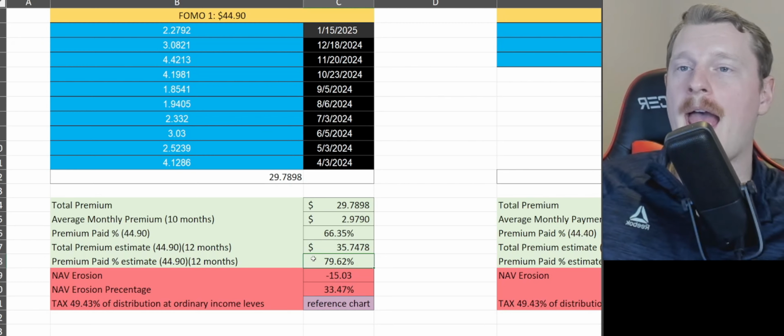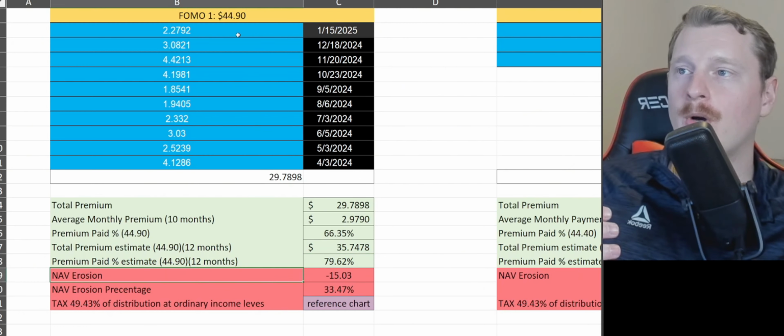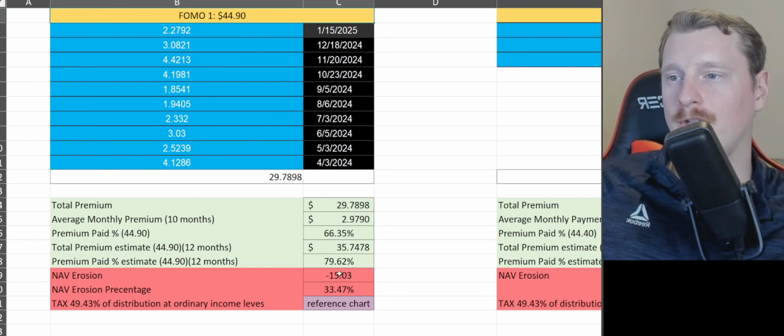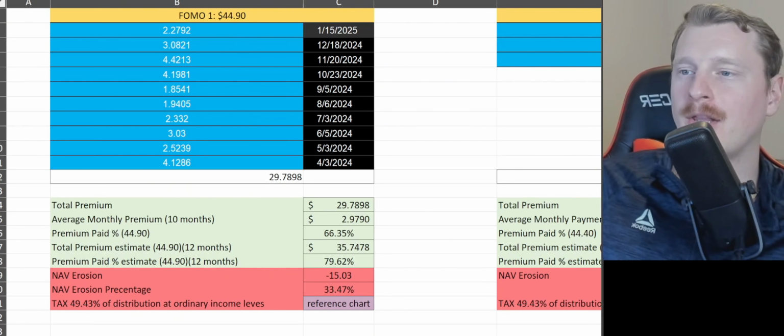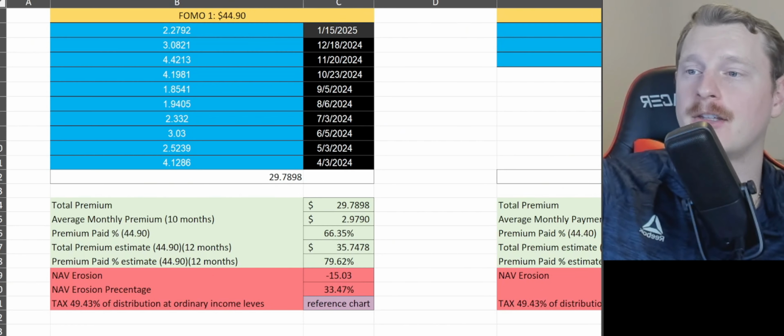But let's look at what the NAV erosion is going to look like, right? So if we bought in at $44.90, right, and the current share price is trading around, what was it, $29.83, that's technically about a $15.03 loss, right?